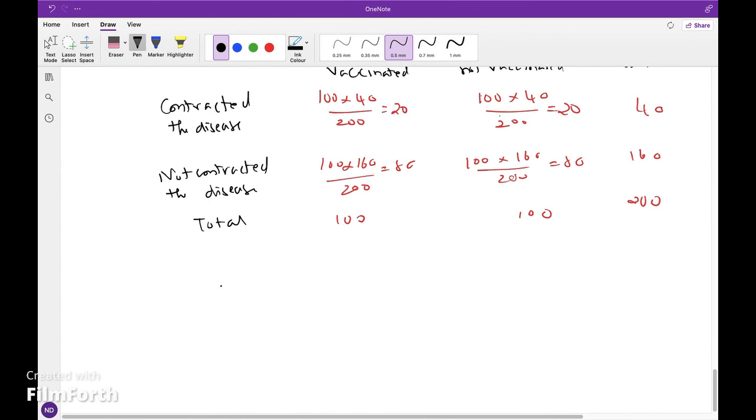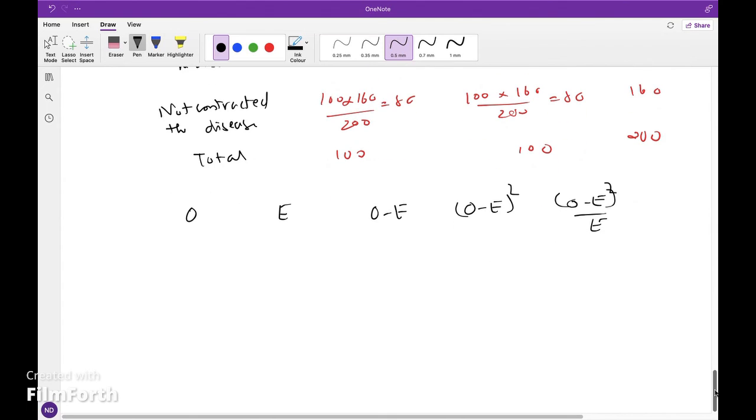Now observed value, expected value, observed minus expected, observed minus expected the whole squared, O minus E the whole squared by E. From the table, the observed values are 15, 25, 85, 75.